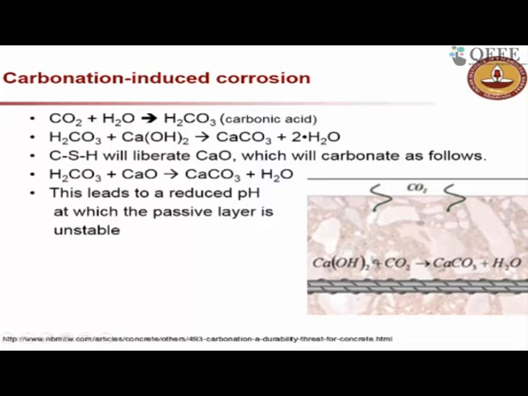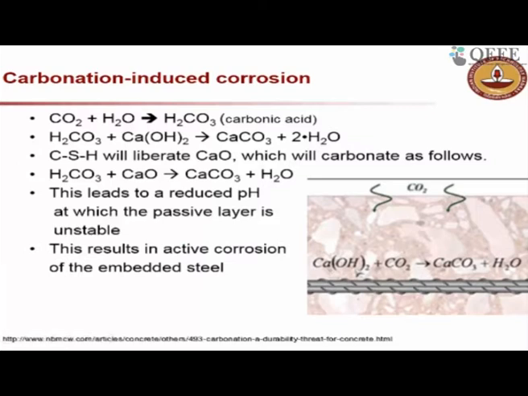Calcium hydroxide is one of the reactants, and as it is consumed, hydroxide concentration decreases, or in other words, the pH is reduced. Now when the pH is reduced, our steel will not be protected against corrosion, and that is the reason why we are worried about carbonation.